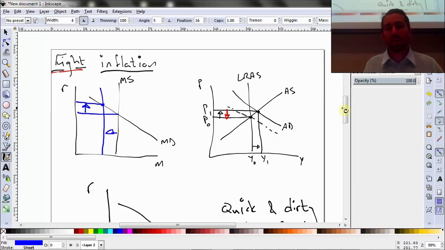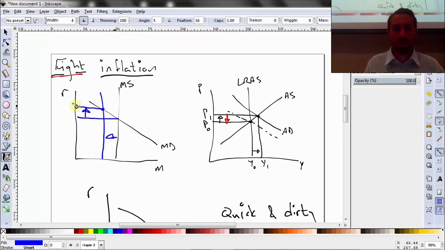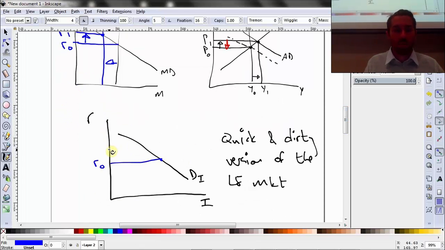When it increases the interest rate, what happens in the loanable funds market? Let's go with some interest rate R0. When interest rates increase from R0 to R1, what happens in our loanable funds market?